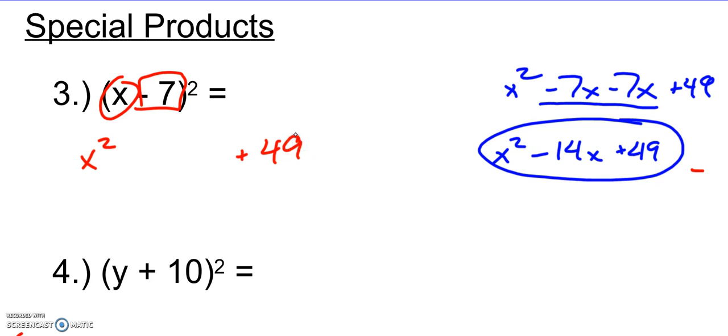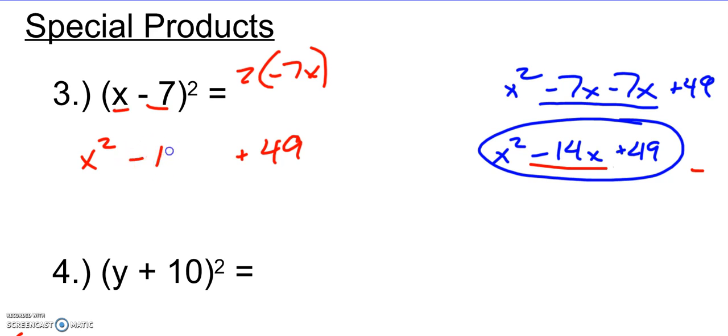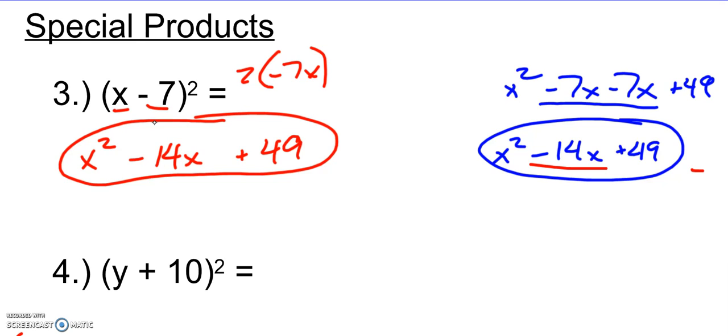And I'm leaving the middle open because this is the part of the rule that's a little bit more confusing. For the middle piece, take x times negative 7, which is negative 7x, and double that. If we take 2 times negative 7, that's where we get that negative 14x. And there we go. So that's another route we can look at.